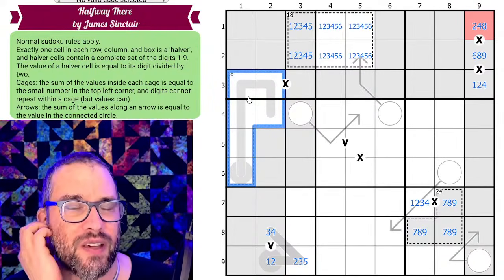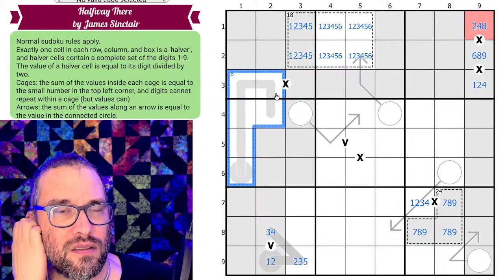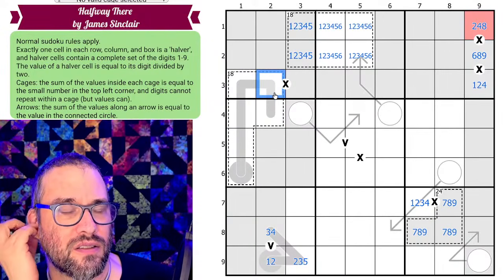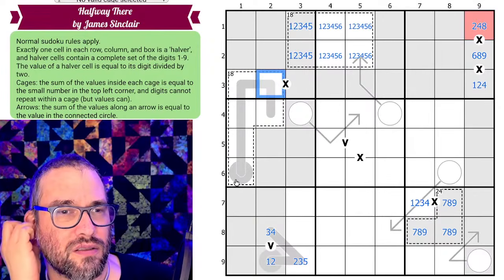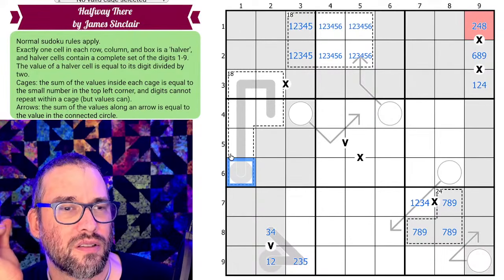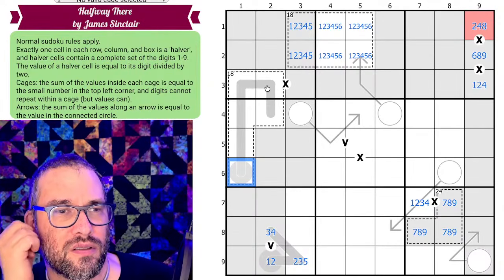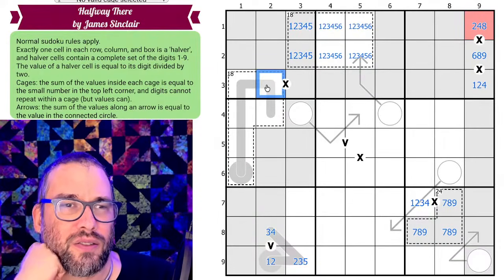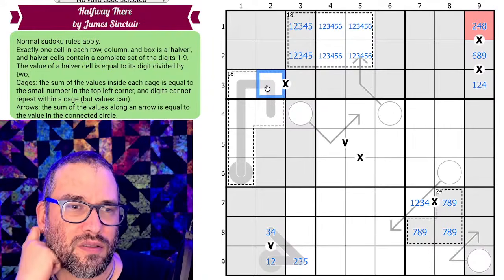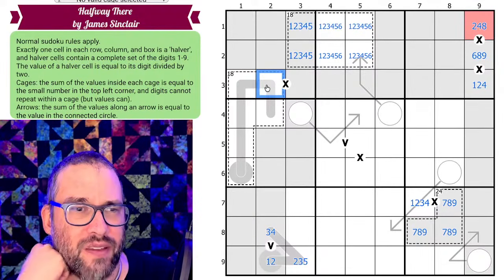Ooh, I have to convince myself of that. 10 minus a half cell is an integer if the thing we're having is even.